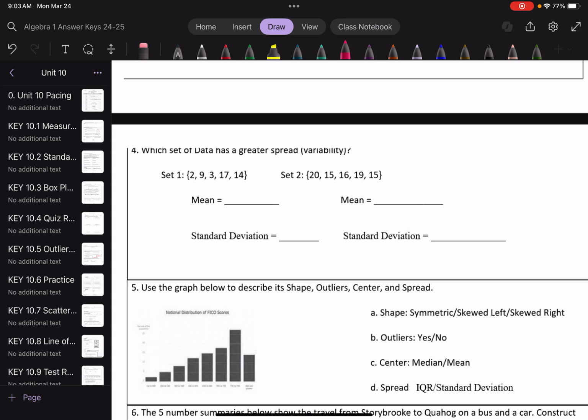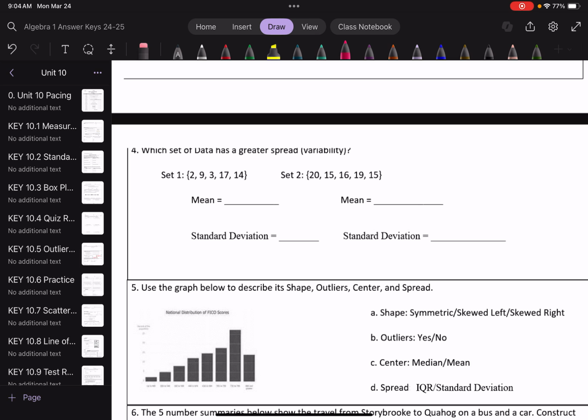So which set of data has a greater spread or variability? Well, let's calculate them. So I'm going to go data, clear out my values. I'm going to put in set 1, so 2, 9, 3, 17, 14. And I'm going to go second data and do one variable statistics.